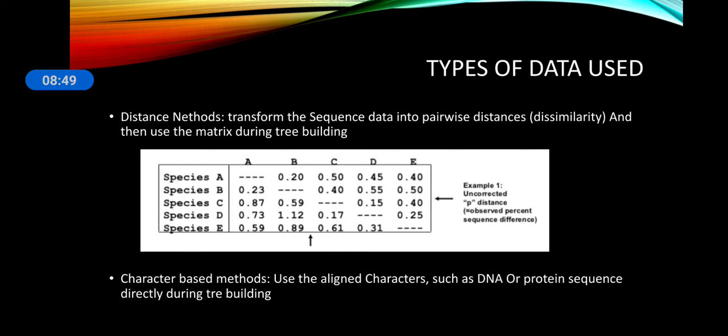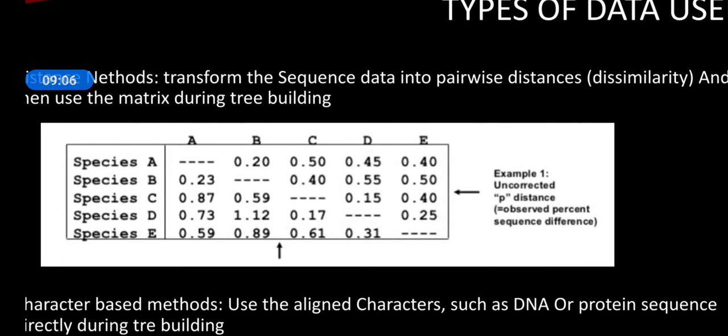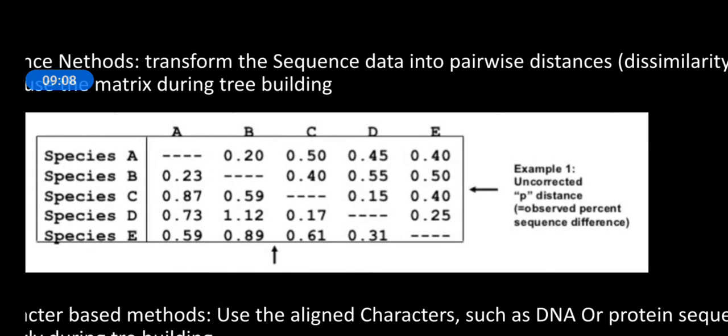In a distance method, the sequence data is transformed into pairwise distances or dissimilarity, and then we use this matrix during tree building. Like this, we create a distance matrix, and then we create a tree.